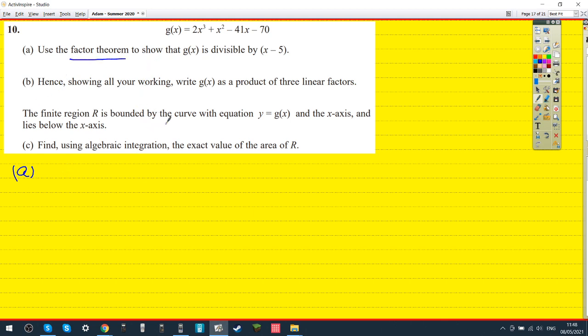So if you had some function, g of x, in factorized form, something like that, what would you sub in to get an answer of 0? Let's say this is equal to 0. Solve for x.